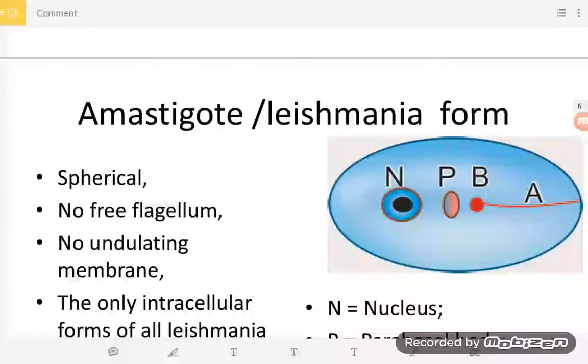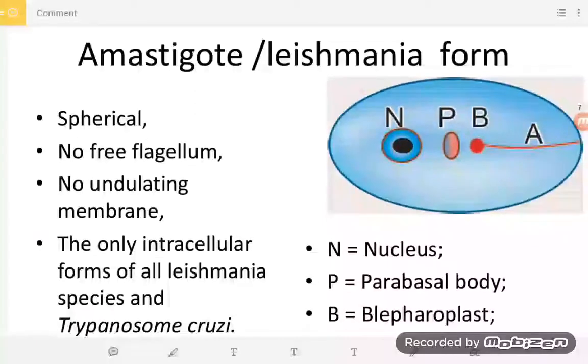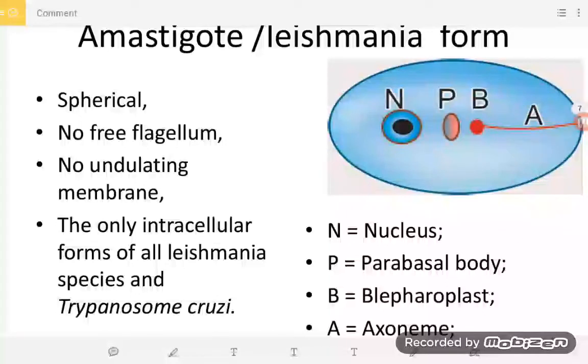Now we will consider the amastigote form. Normally this is spherical or oval in shape. Here we cannot see the flagellum, and we cannot see the undulating membrane. Of the 5 stages, this is the only intracellular form.